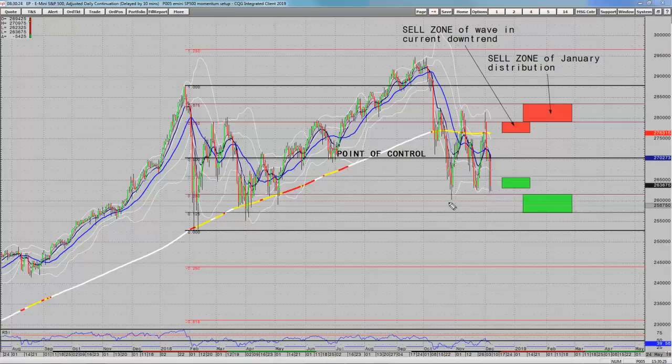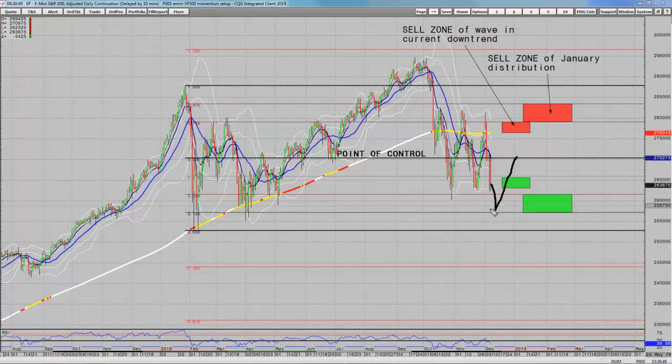And so just looking at it from this point of view, this is looking very dangerous, having just been rejected from the point of control so quickly. I'd expect to see prices try to nudge below this 2603 low in the S&P, and that is very dangerous. I certainly wouldn't be selling it short there because it is just so fraught with difficulty, with the chance of it rallying from there.